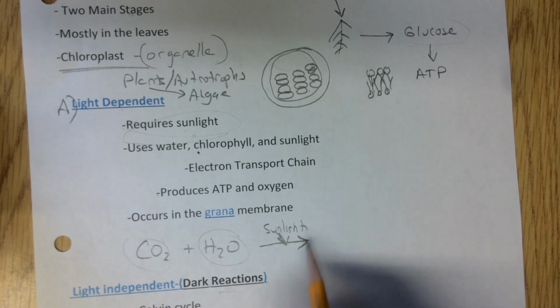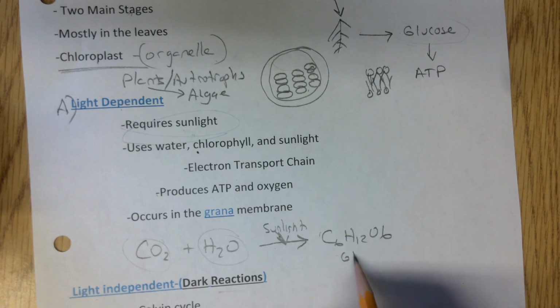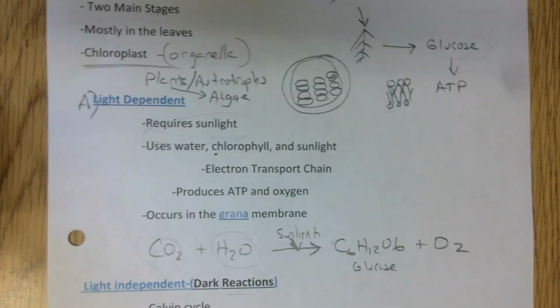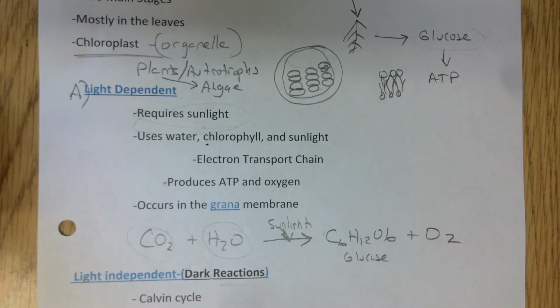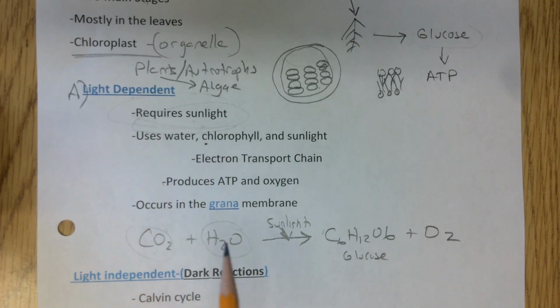And then it produces C6H12O6, which is glucose, and it produces oxygen as well. So that's kind of the equation for this, but it requires sunlight. So even if you have carbon dioxide and you have H2O and you don't have any sunlight, there's really not any way for this process to continue. So keep that in mind.